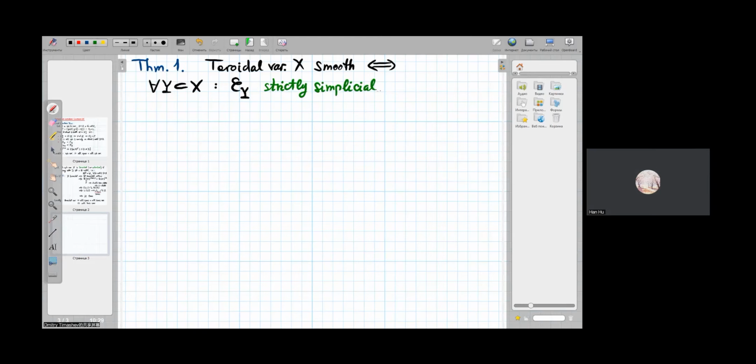This means just that it is generated as a cone by linearly independent vectors, say v1, etc., vm, which form a part of a basis of the dual weight lattice.